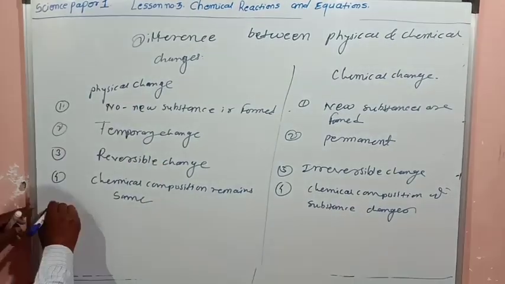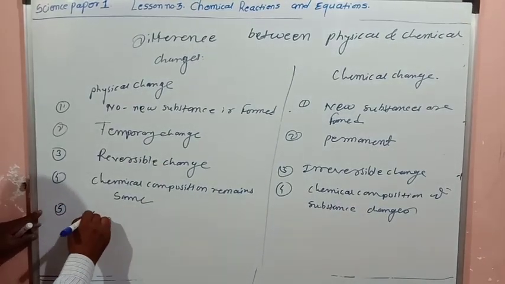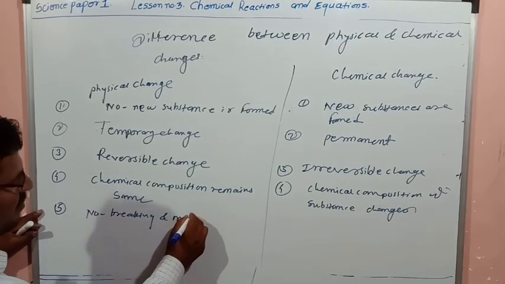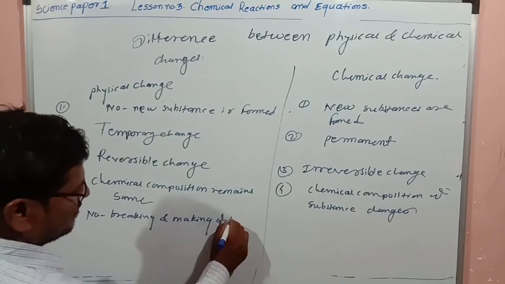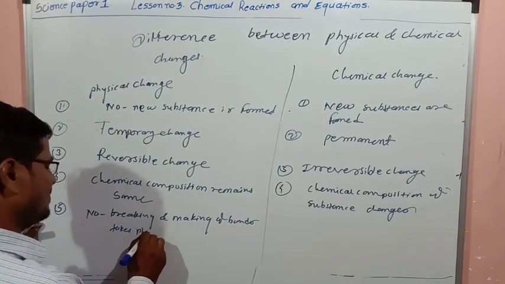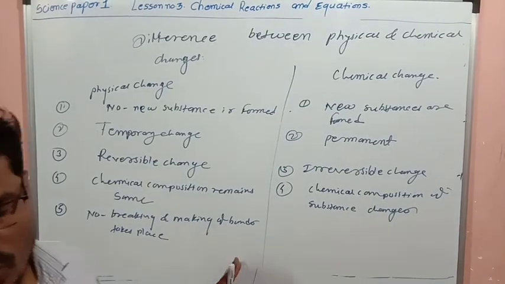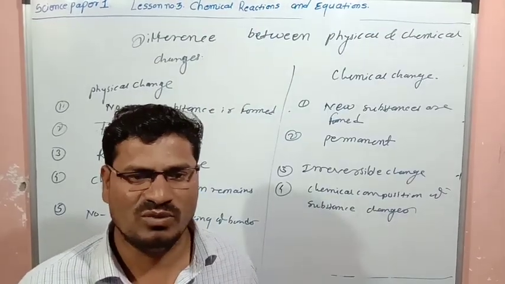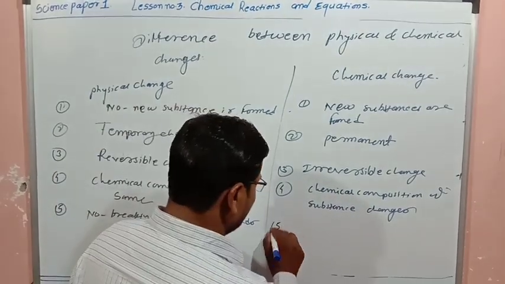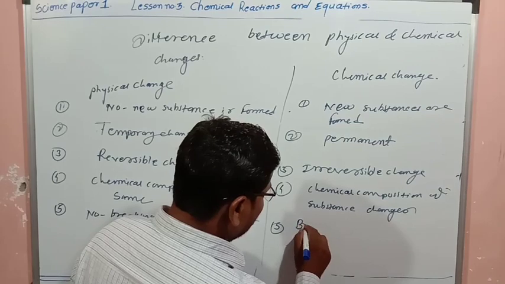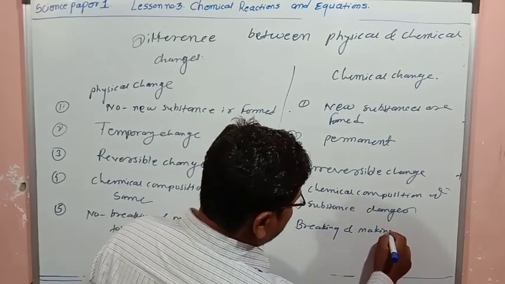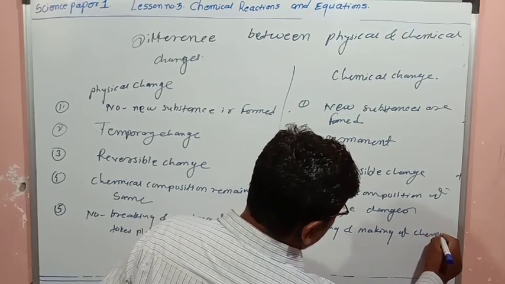Next, the fifth one is no breaking and making of bonds takes place. Here old bonds are not broken and new bonds are not formed. In the chemical change, breaking and making of the chemical bonds takes place.